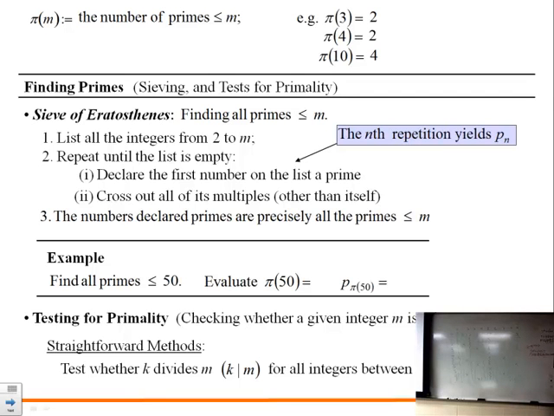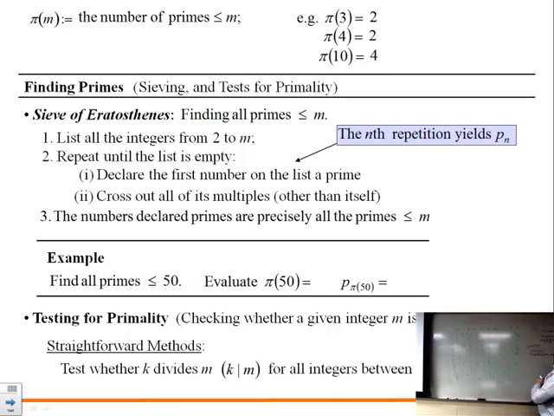What's the first number I cross off? 49. So 49 goes.